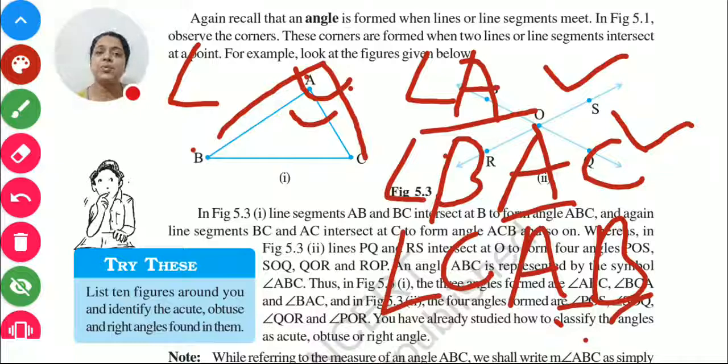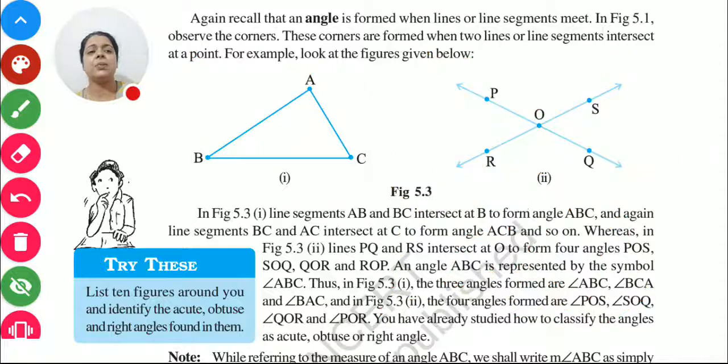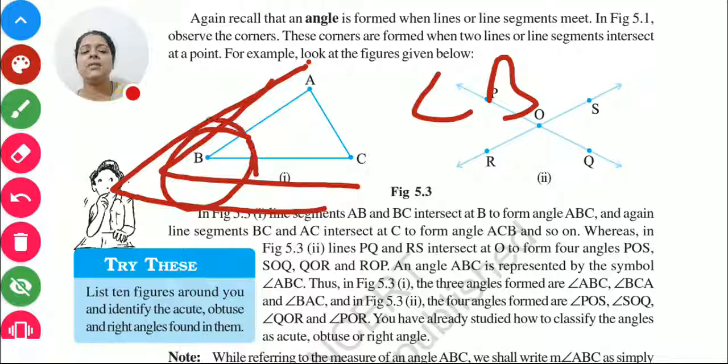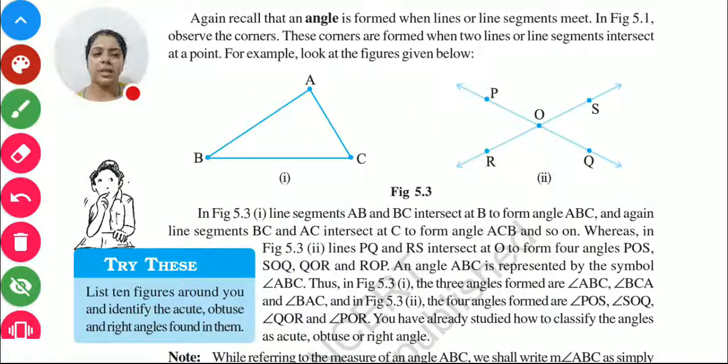So remember that whenever you have to write down the name of any angle, you have to mention it either alone or in the center. The same applies with this also. So we'll mention it angle B. Then we'll mention it angle ABC, or we can mention it angle CBA. But in all the cases, B is in common.